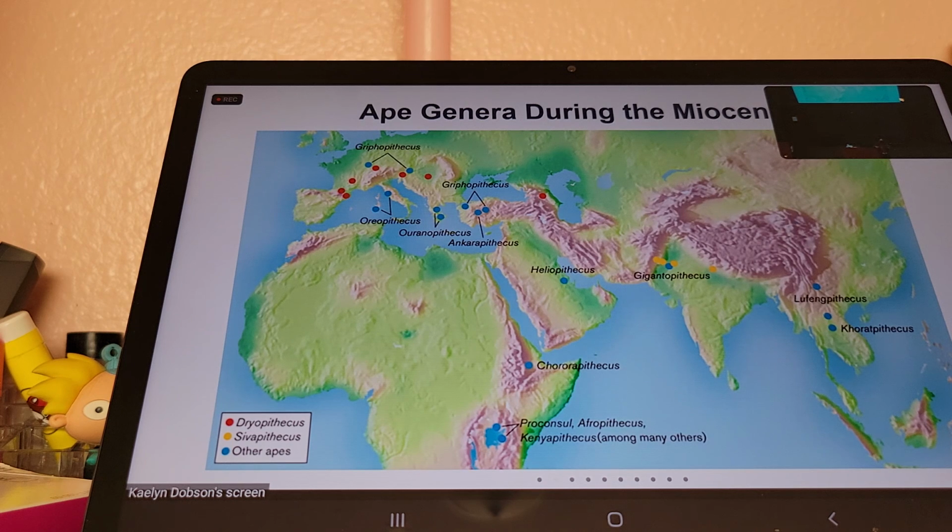Could apes have been naturally adapted to life in Europe 10,000 years ago? 50,000 years ago? Nope. What do you think about the Miocene might have made it possible for apes to have such wide geographic distribution? It was a much warmer time period.